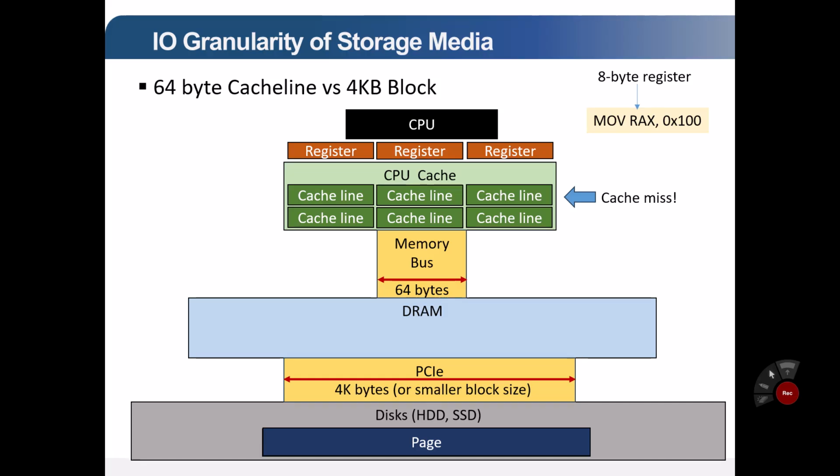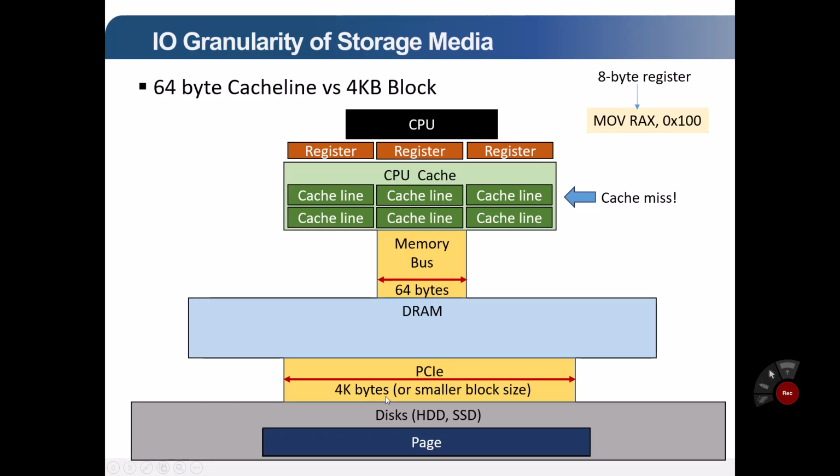And the PCI interface is used to connect peripheral devices like network cards, GPUs, and other external devices. Storage devices connected to this PCI interface will transmit data to DRAM using the PCI interconnect.